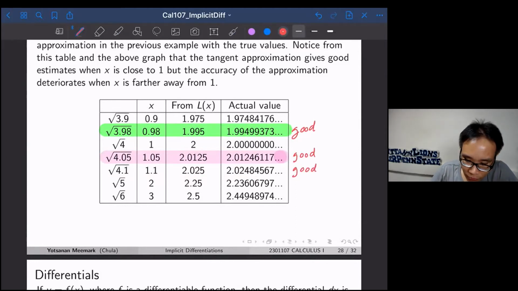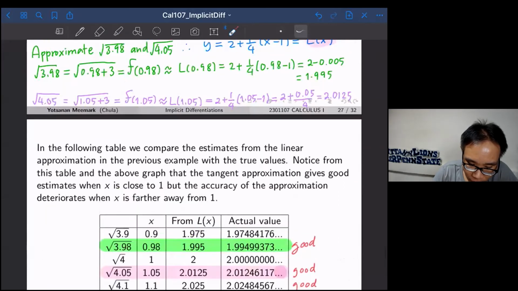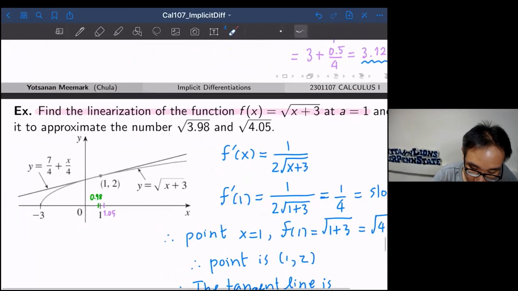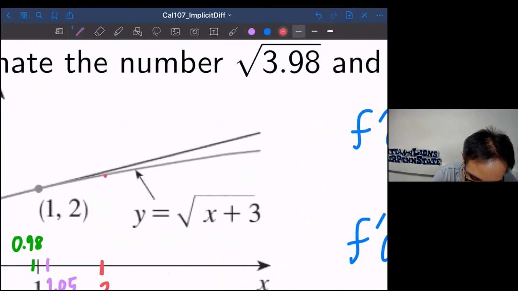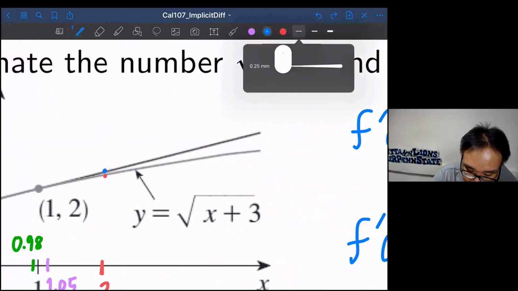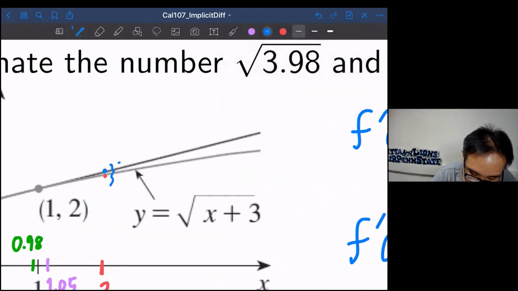Okay, so you see that if you go further, square root 5, so you have x equal to 2. x equal to 2 may be far away here. So you see when x equal to 2, you're going to get a bigger gap. So the gap here turned out to be bigger.